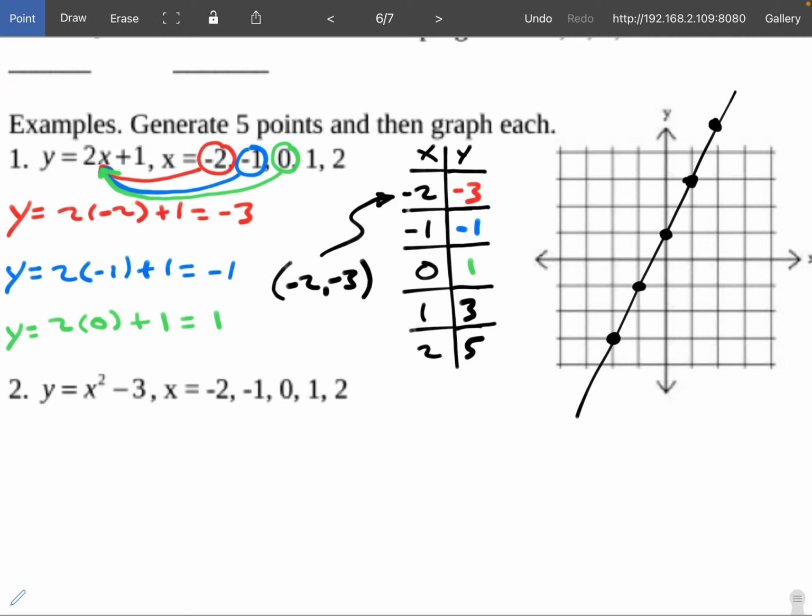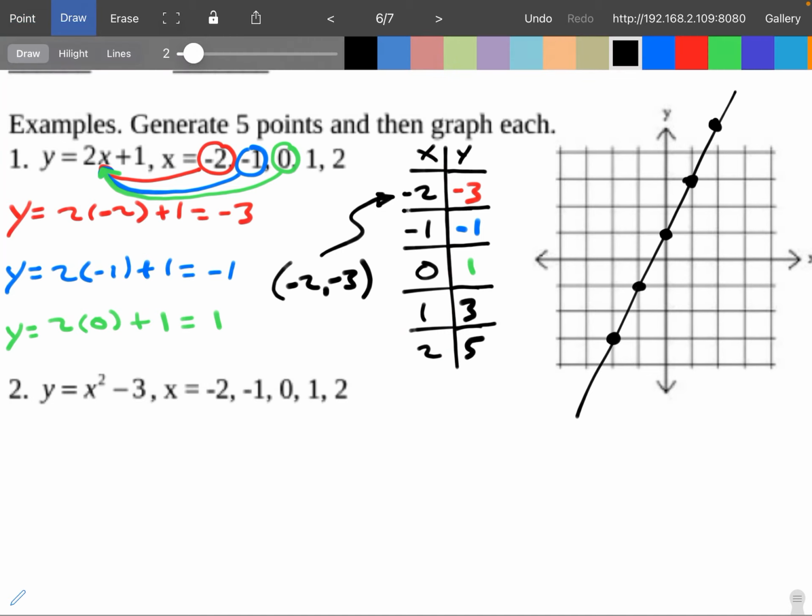I could put any x values in that I want. I could put -100 in there for x. I could put +50 in for x. So that means I'm going to draw some arrows on the end of this line because it does keep going, okay? I could take an x value of 50, or I could take an x value of -100. All right, so those arrows mean that line goes on forever.